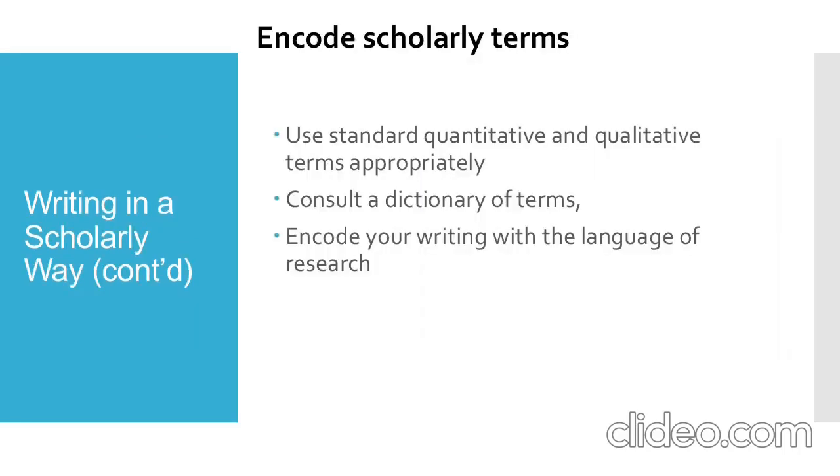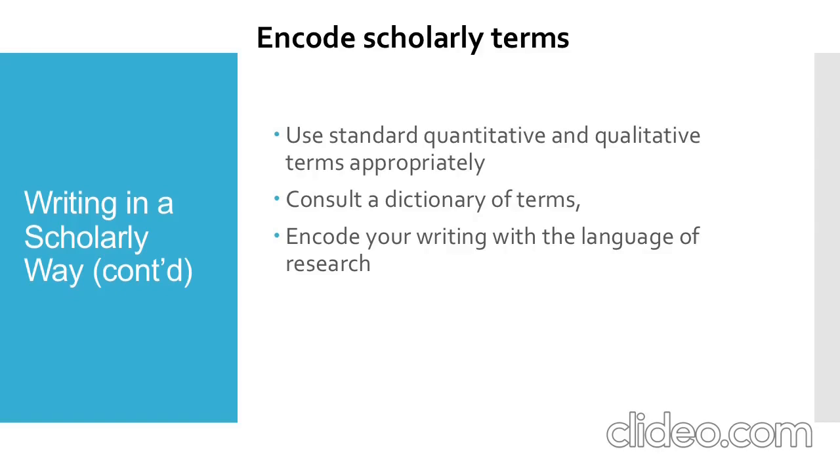In addition, likewise, researchers need to encode scholarly terms in their reports. These terms should reflect their full understanding of the different approaches as far as research writing is concerned. Therefore, audiences will judge your research based on the appropriate use of quantitative and qualitative terms.